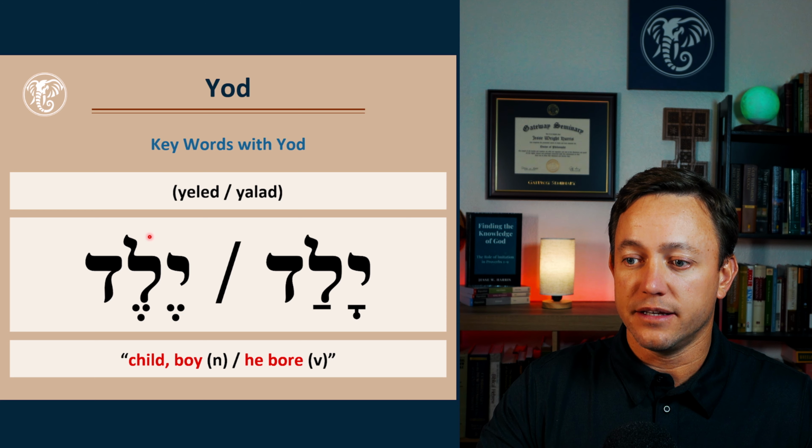And so it was perfectly normal for the ancient people to think about a man bearing a child just as much as we might think of a woman bearing a child nowadays. So certainly an important and common theme throughout, especially Genesis and some of those chapters where they talk about genealogies.